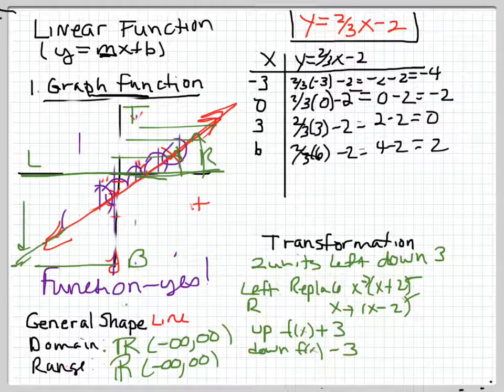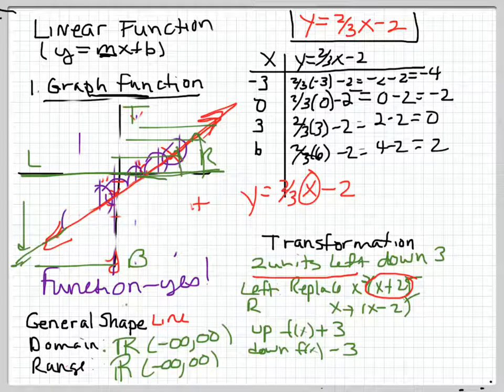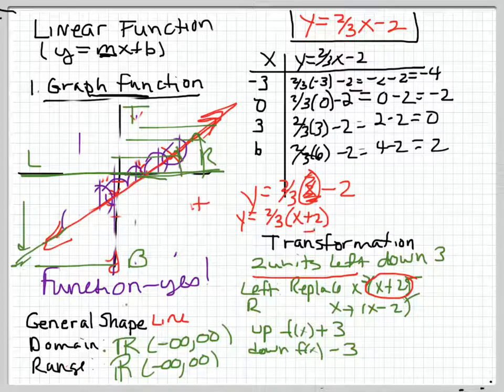So I'm taking my original graph, which is y equals 2/3 x minus 2. If I want to move it 2 units left, wherever I see an x, I put in x plus 2. So it would be y equals 2/3 times (x plus 2). I'm replacing this x with this quantity.